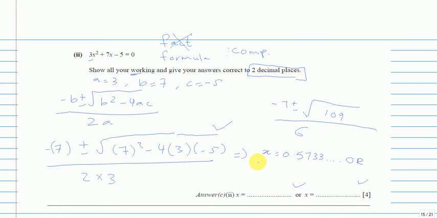Or x is equal to, if you subtract, you will get minus 2.906 and so on. So we have to show to 2 decimal places. Even if I had written to 3 decimal places, that would have been enough for this one. So 2 decimal places for this one will be 0.57, and for this one will be negative 2.91.